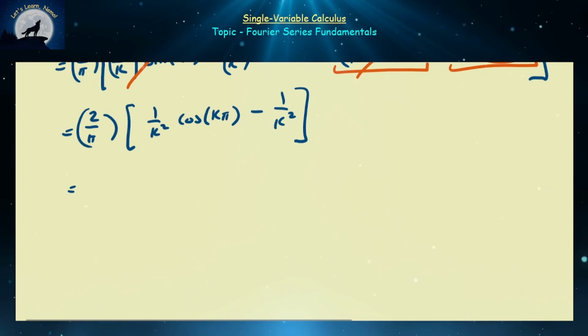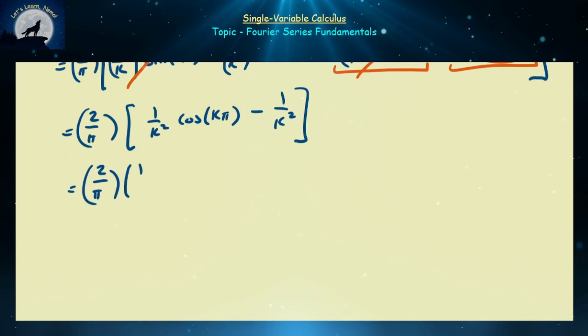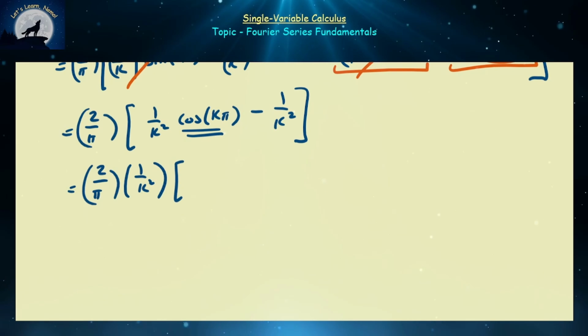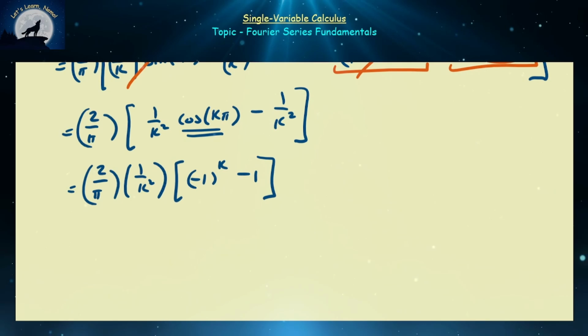So we can write this as 2 over pi times 1 over k squared, and then times, well, cosine of k pi, we know that's just going to be equal to minus 1 to the power of k. And then we're going to have that to be equal to minus 1. So this is an expression for a_k, for k greater than or equal to 1.